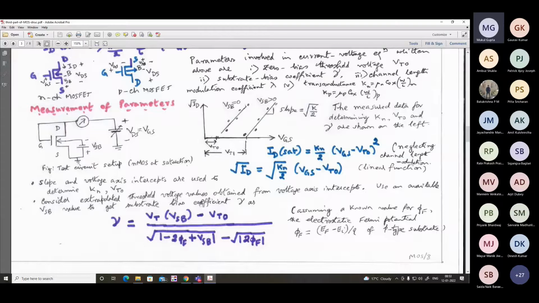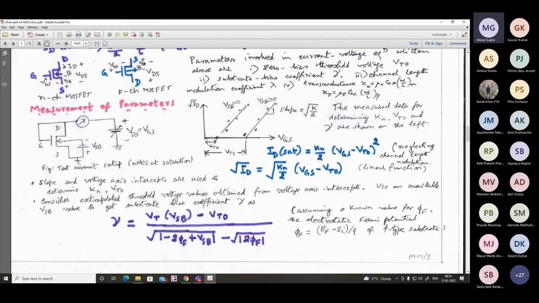But when you are measuring by ammeter, it is impossible to get any current value when you bring down the VGS as small as possible. Still, what you can do is extrapolate. These points are the typical experimental points.